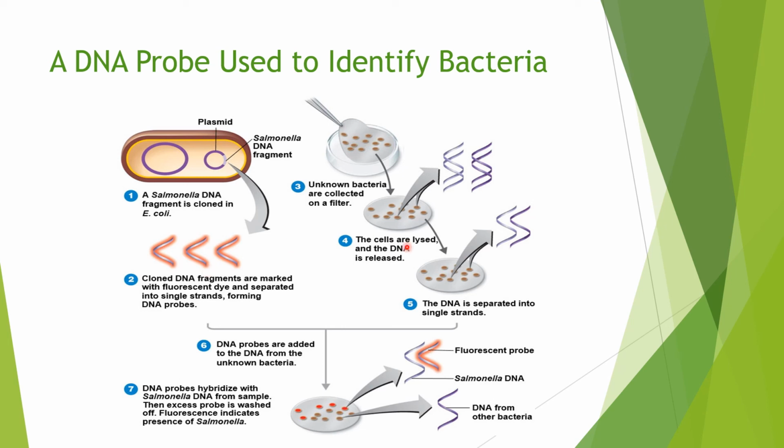Let's say that you have an unknown bacteria growing on a filter. You extract their DNA. So here's their DNA, and you break it down. Well, I shouldn't say break down their DNA, I should say you're separating their DNA strands.